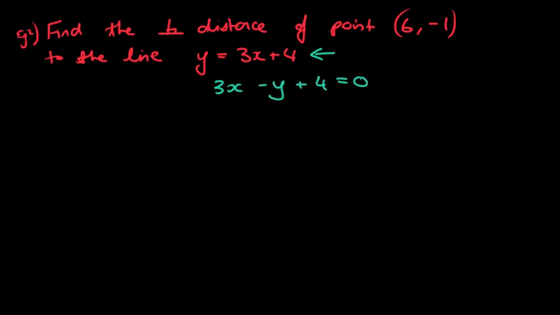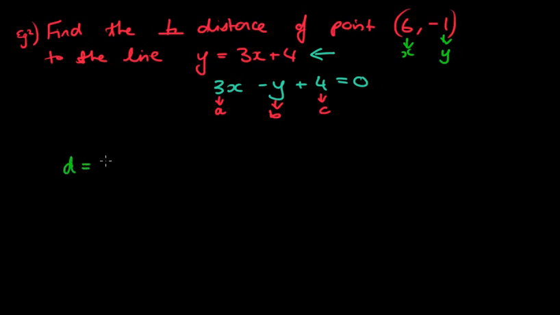So now I can see that my A value is 3, my B value is -1, and my C value is 4. I've got my X value there of 6 and my Y value of -1. So let's put it into my formula now.